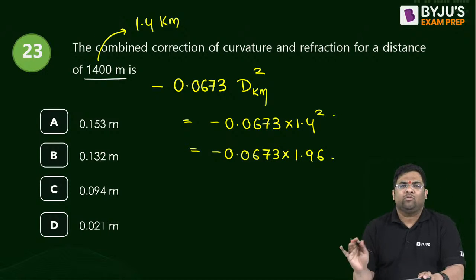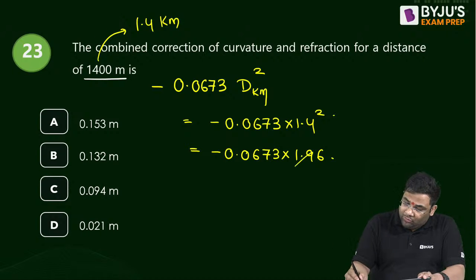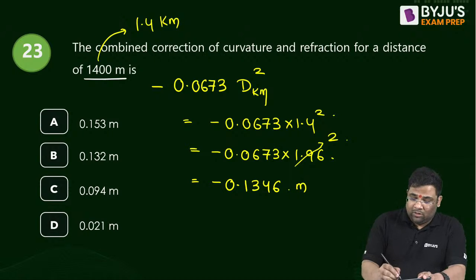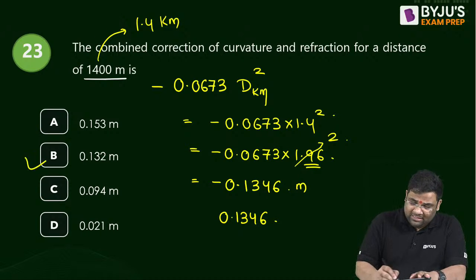You should know 14 square is 196. So I can say it is 1.96, almost equal to 2. I can say 2. So this becomes 0.1346, almost this much, right? And you see this negative is not mentioned here. So it is 0.1346, and obviously a little less than this because we have taken this as 2. So obviously this is the answer.